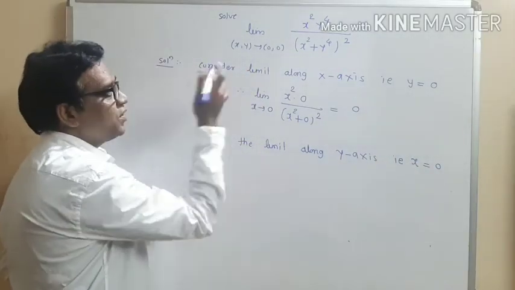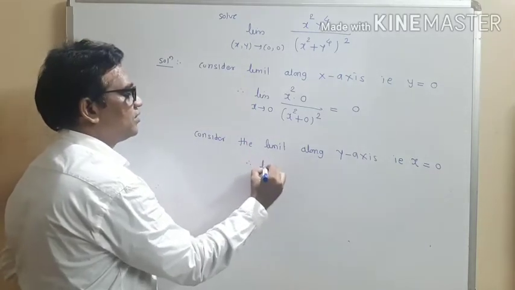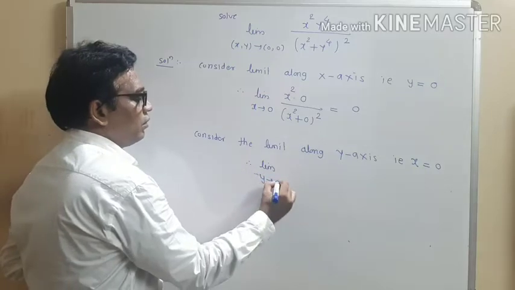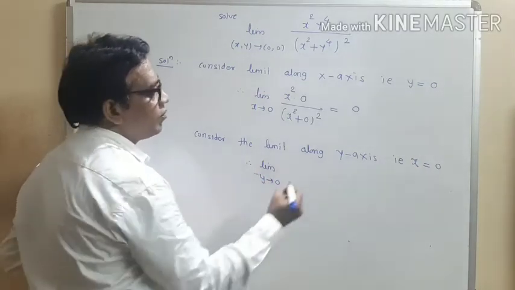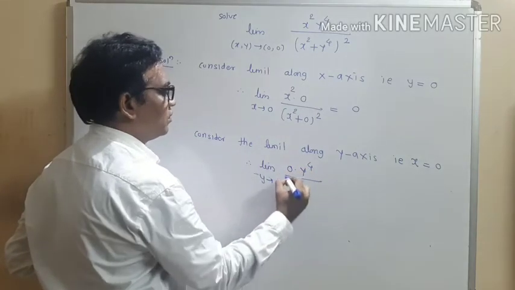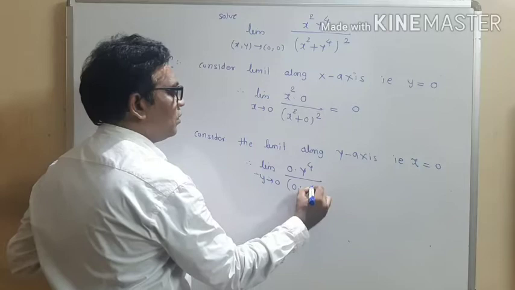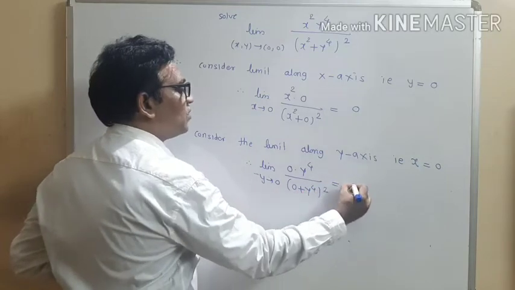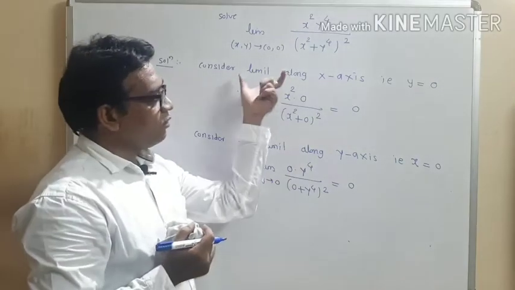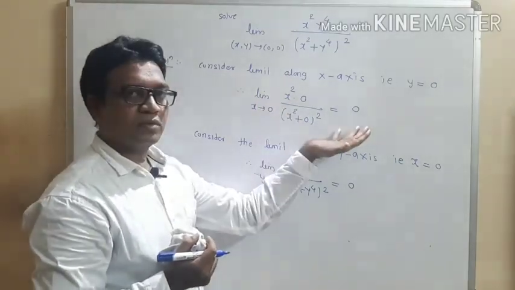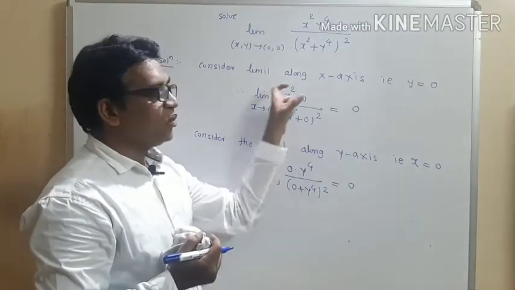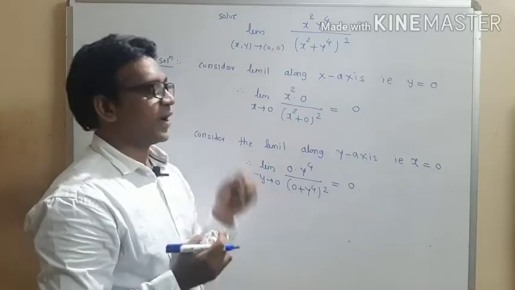So put x equal to 0 in the given function. So this is the limit, y tends to 0. Now put x equal to 0 into y raised to 4 divided by 0 plus y raised to 4 bracket square. So this is again 0. So see, we have found limit along first root, it is 0. Limit along second root, it is again 0. Now find out third root and get some different answer.